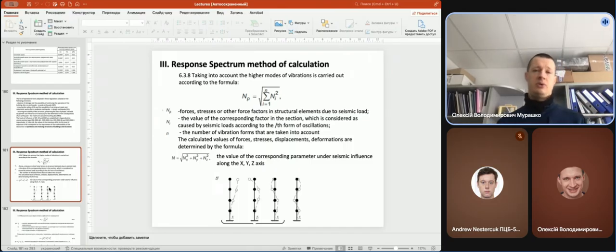Yes, and it is the only possible way to take into consideration all these seismic forces which impact the masses of the building. So, for example, for the first story, we will not get the maximum value.